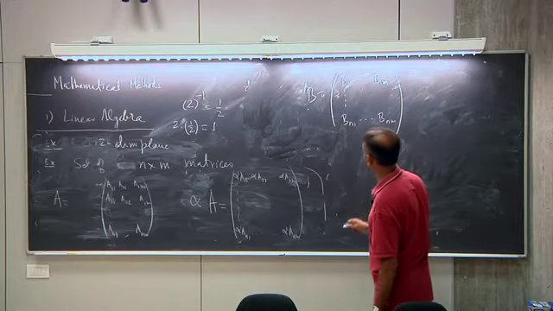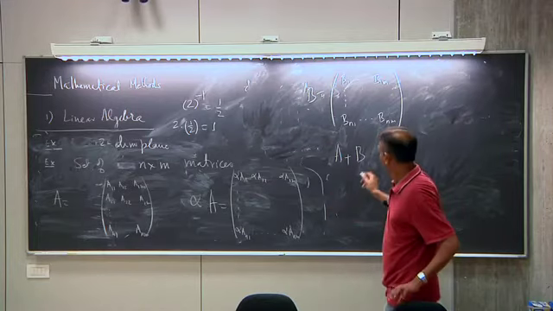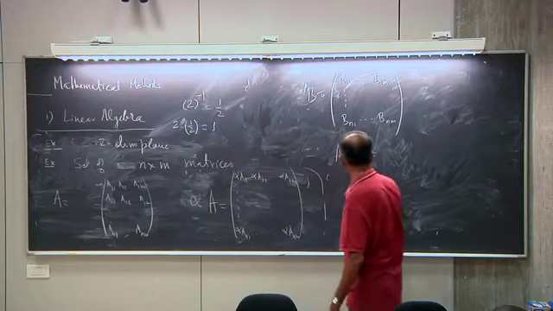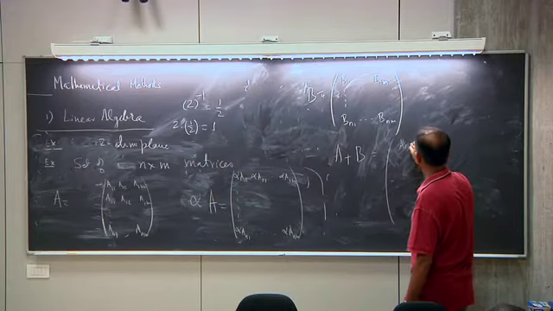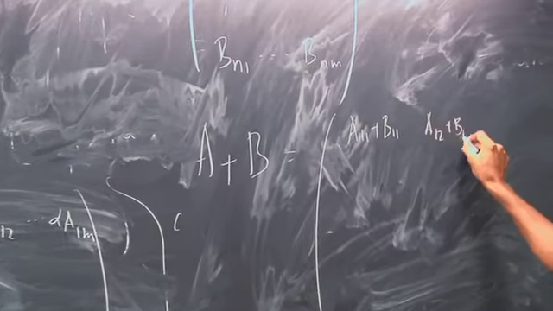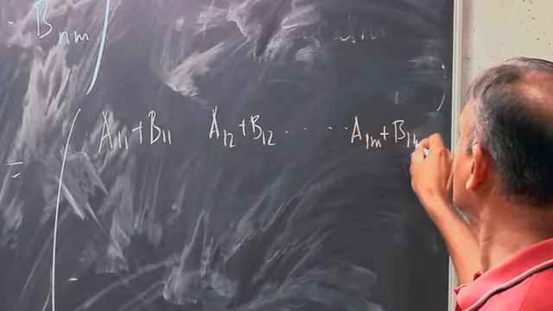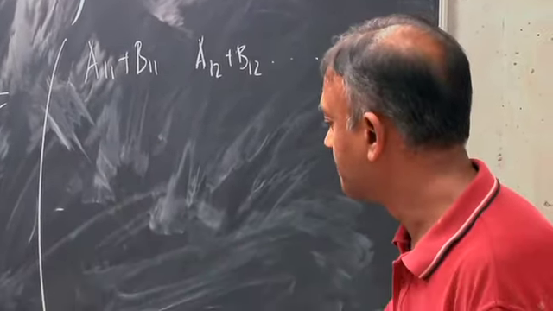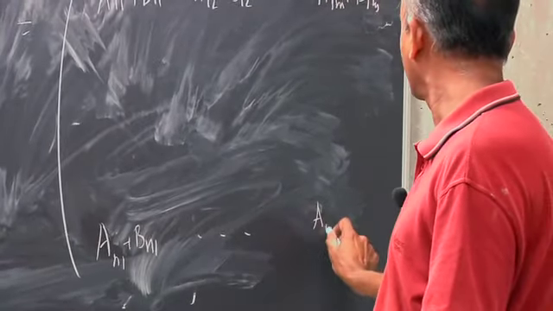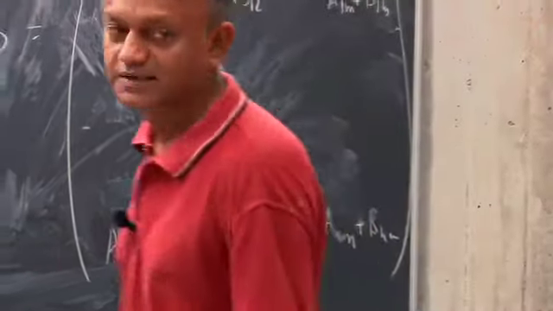Then I want to define what I mean by A plus B. Well, it is simply to take these components and add them up, right? So the first element is A11 plus B11. The second one is A12 plus B12, all the way up to A1m plus B1m. Just add them up, term by term. An1 plus Bn1, all the way up to Anm plus Bnm. Okay, so this is the rule of addition.